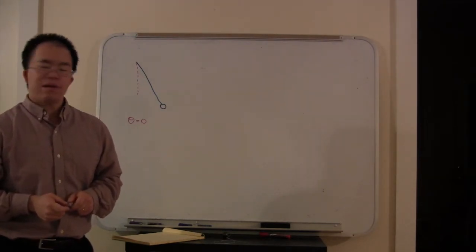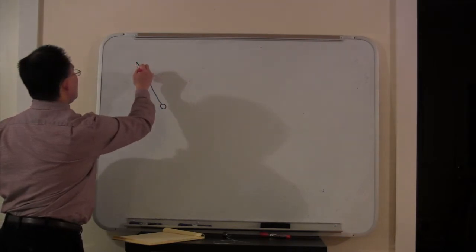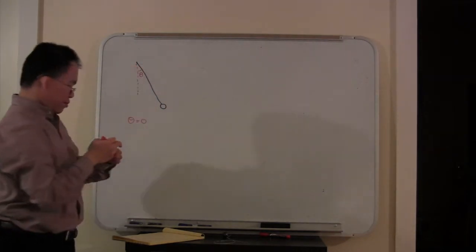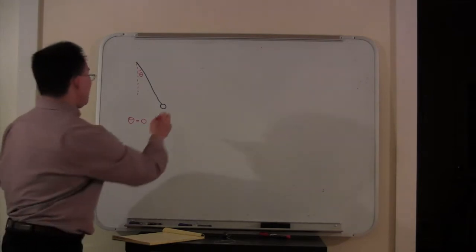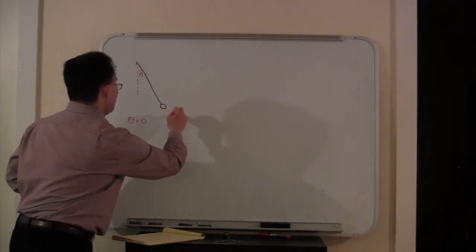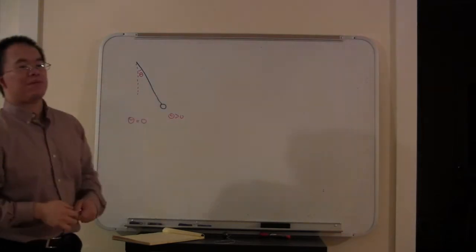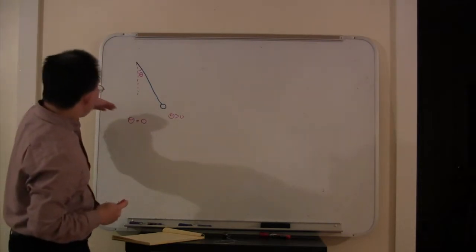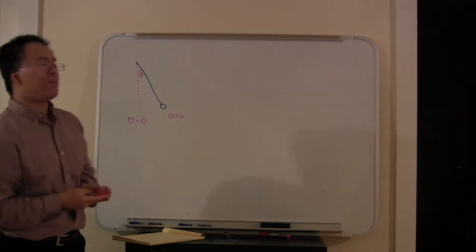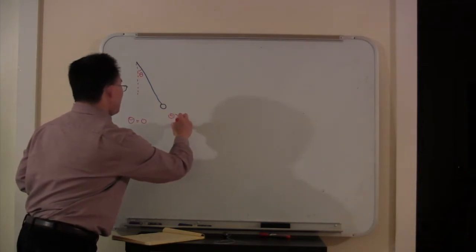I'll also assume that right now, as I've drawn it, the pendulum bob is at some positive angle theta over here. So I'll call the positive angular direction counterclockwise from the vertical.